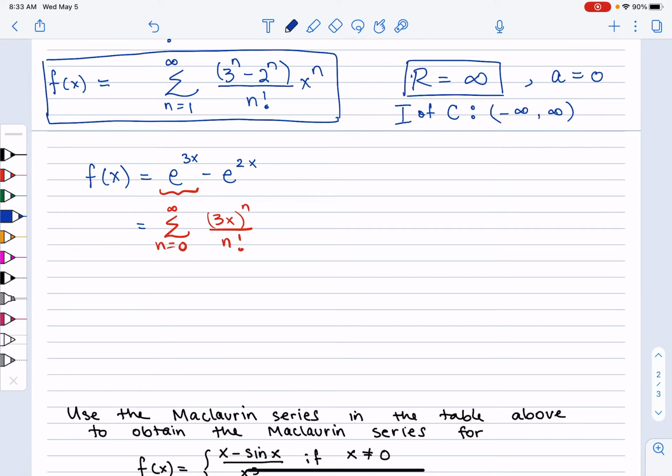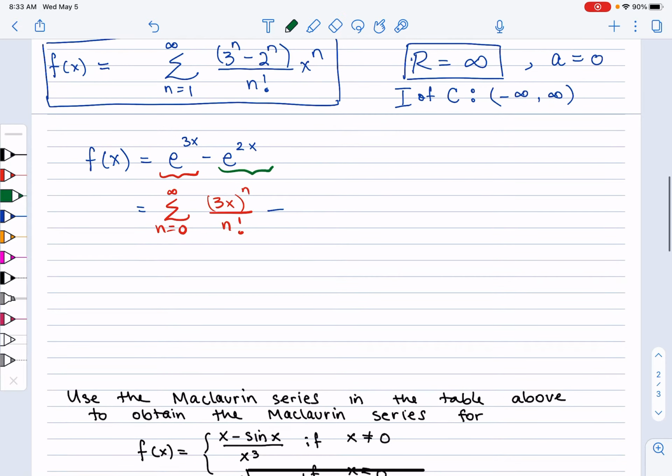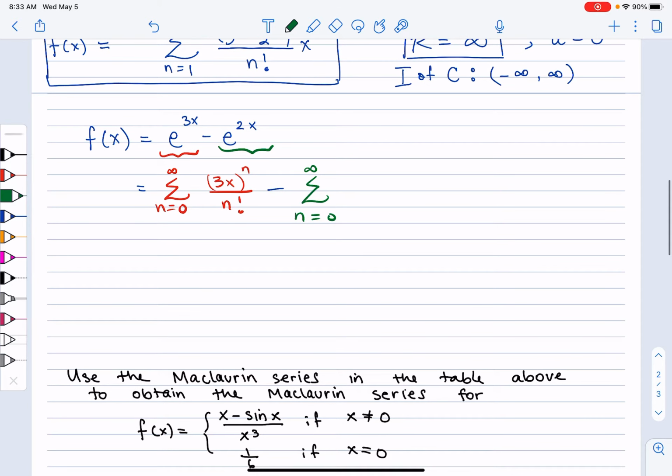And then minus e to the 2x, where e to the 2x is sigma as n goes from 0 to infinity of 2x to the nth power over n factorial.